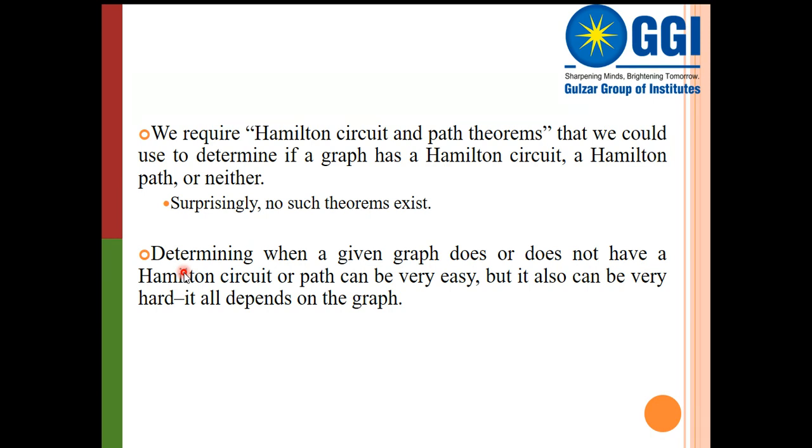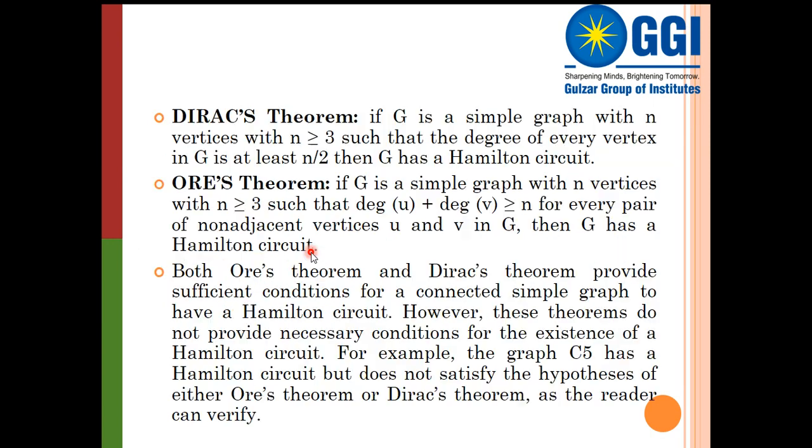The same type of theorem would be required in the case of Hamilton circuit and path also, but there is no such theorem that actually exists. So we have to find ways in which we can say that a particular graph has a Hamilton circuit or path, but that is not very easy. All things depend upon the graphs.